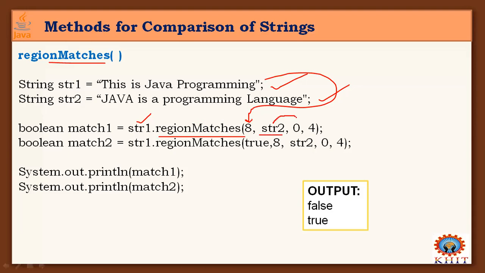In string 2 the starting index is 0. So this is the 8th index of string 1 and the 0th index of string 2.